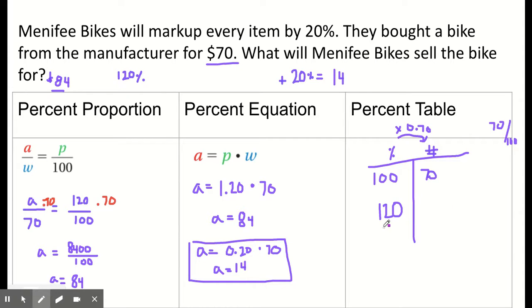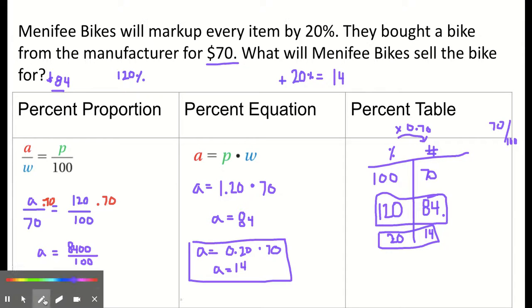So now going from the percent side to the dollar side, I just multiply by 0.70 and I get 84. Okay, if you wanted to find 20%, the markup amount, you just multiply 20 times 0.7 and you should get 14. That's your markup. This is the final cost. This is the markup. And the 70 is the original.